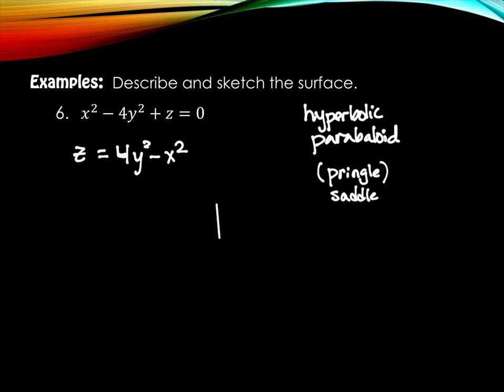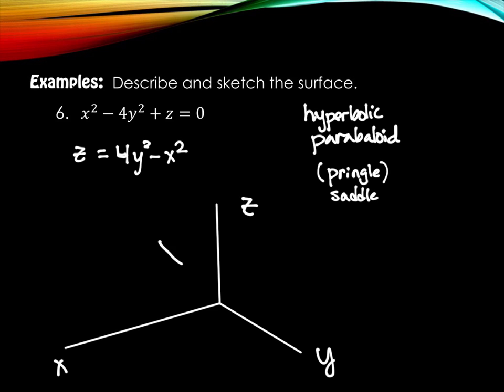So we have our graph, z, x, and y, and now we get to see some good skills in drawing. At least I hope some of you have some. Okay, so this is sort of the basic shape.